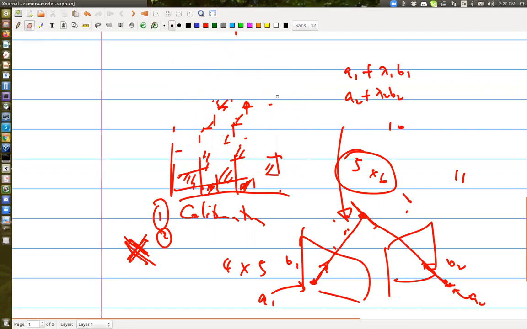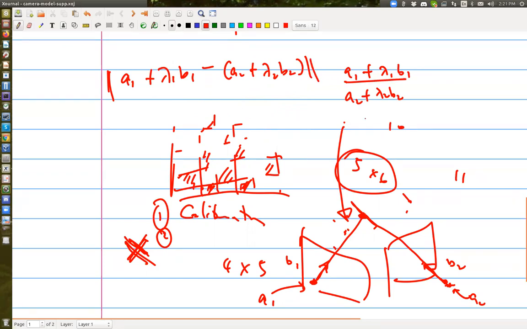I want to take A1 plus lambda 1 B1 and subtract A2 plus lambda 2 B2, and minimize this. This is a vector, so I want to find the norm that reflects the minimum over lambda 1 and lambda 2. It is quite easy here because this is an unconstrained optimization problem.